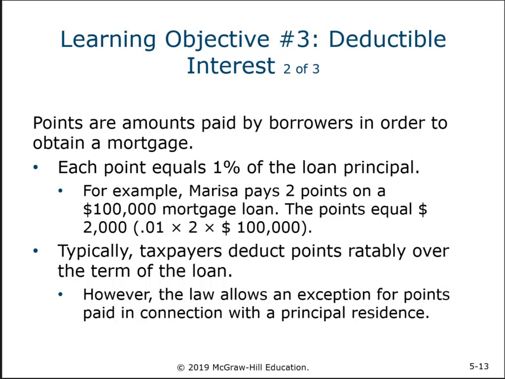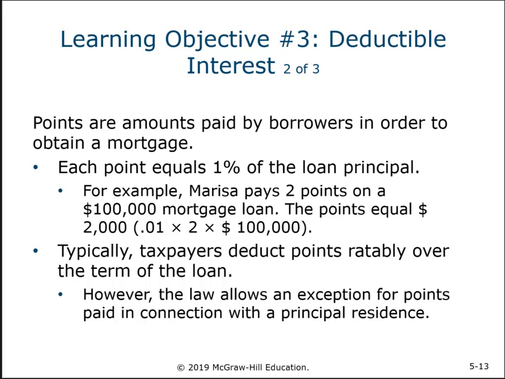So you deduct it over the term of the loan. Okay, when it is your principal residence, the points paid, and then that is the normal way that things happen, and it is in most places in the United States. Buying points is a common practice, meaning you pay extra up front and you get a lower interest rate. So you're really paying the interest all at once up front.